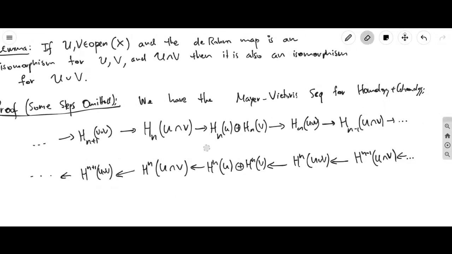Now, you can see the arrows go in different directions. So you're going to apply the dualizing functor to the first one. That will have the effect of flipping the arrows. You're using the de Rham functor, and then you dualize.